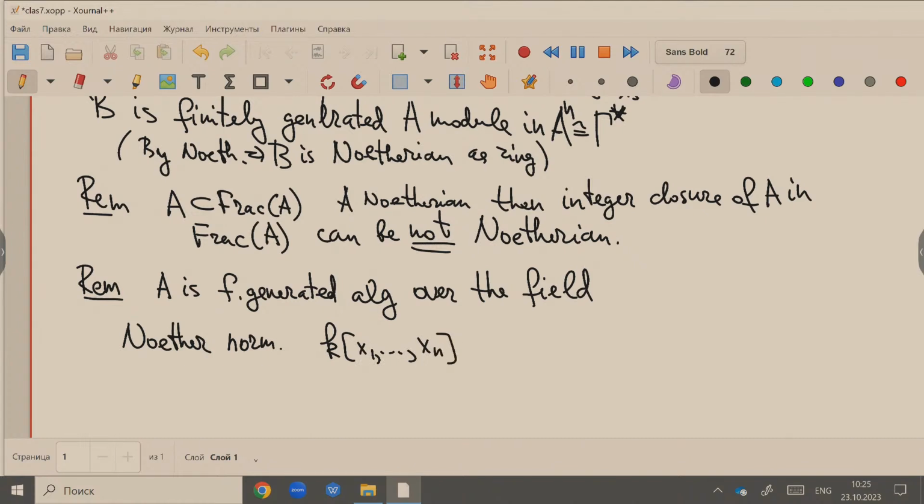So A is integral, without zero divisors, A is an integral domain. So this is a subset of A such that these elements are algebraically independent.